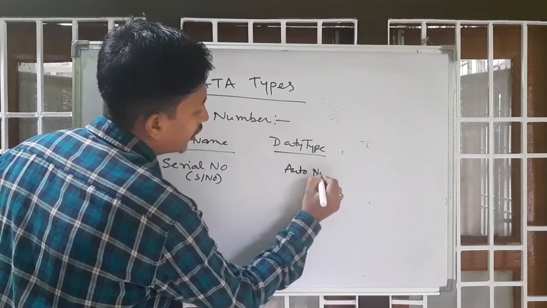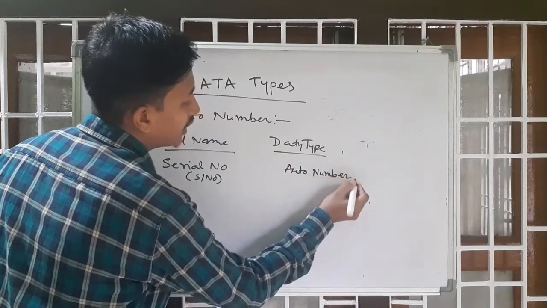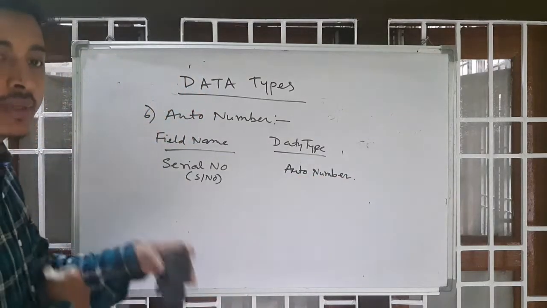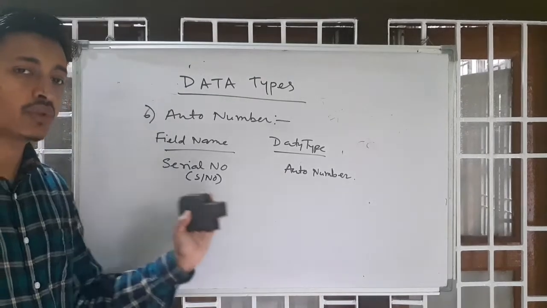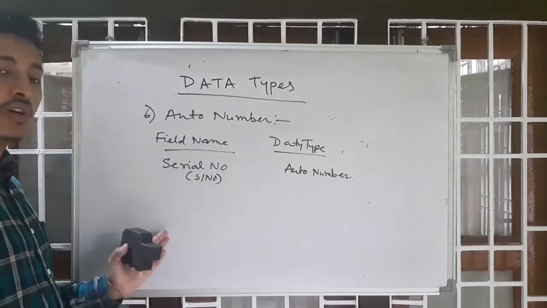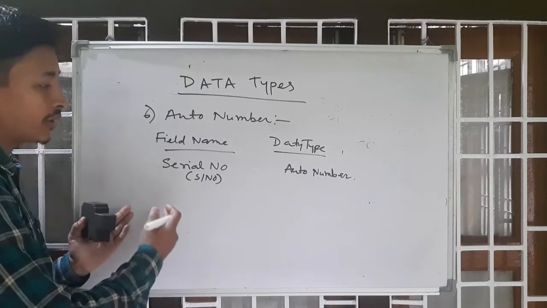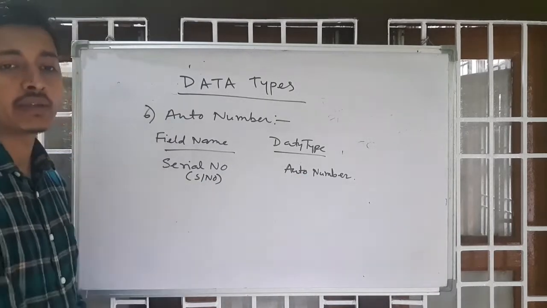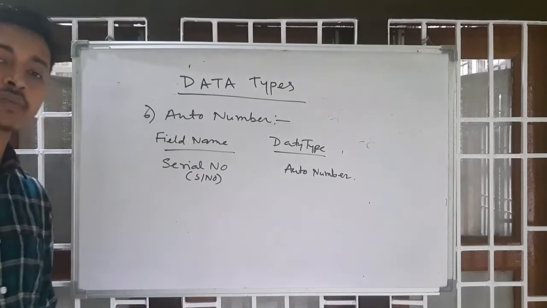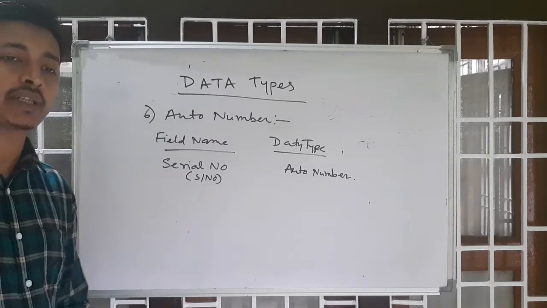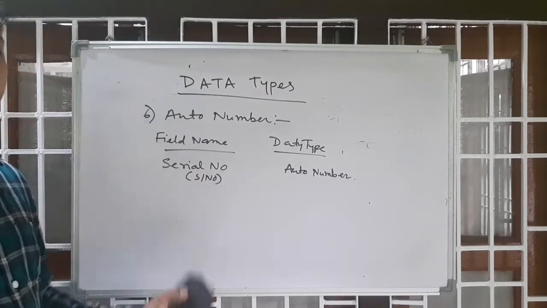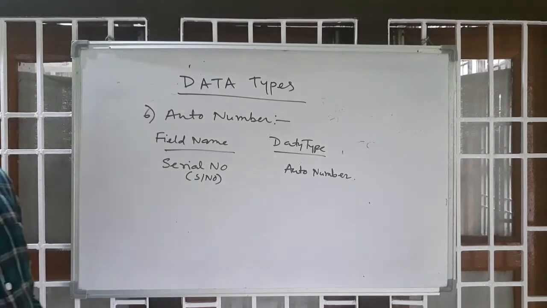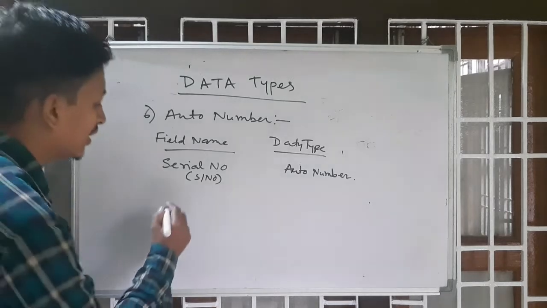Should be auto number means what? The serial number comes automatically. When one record is ended, one row is completed, and the next row comes, the auto number field comes automatically. 1, 2, 3, 4, 5, 6, 7, 8. So auto number field is used for serial numbers like bill numbers. Okay, for example, bill number.